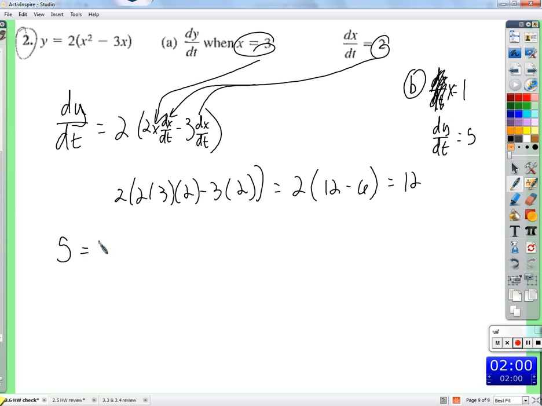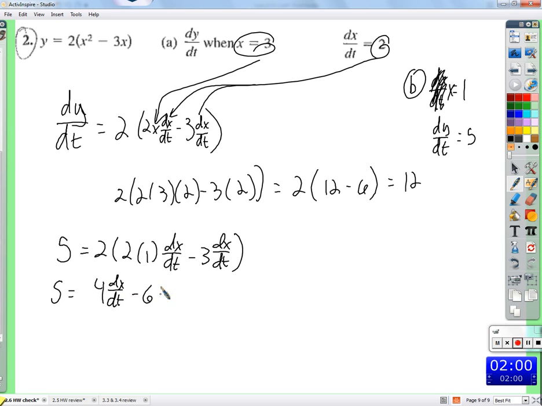Okay, 2 times 2 times 1 times dx dt minus 3 dx dt. Yeah, I'll distribute the 2. 5 equals 4 dx dt minus 6 dx dt. And factor out dx dt. I really combine like terms, right?